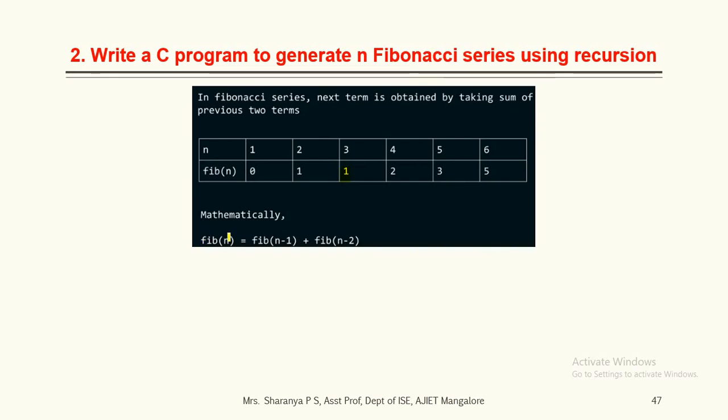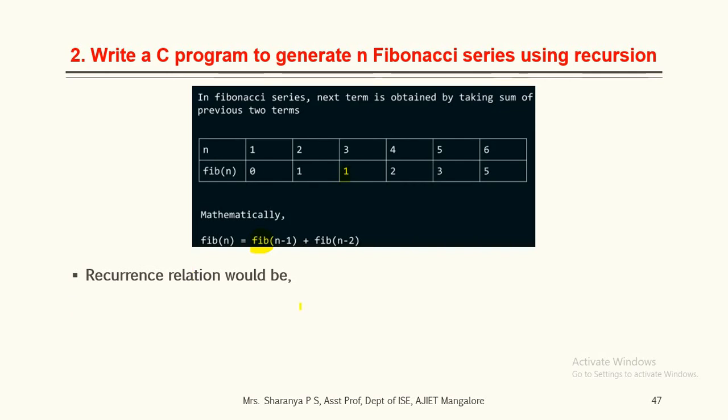We can write one generalized statement which will help in calculating this Fibonacci by recursion. Fibonacci is the function we are using to write the logic, where we can write Fibonacci of n minus 1 plus Fibonacci of n minus 2. This is how we compute the next Fibonacci value.